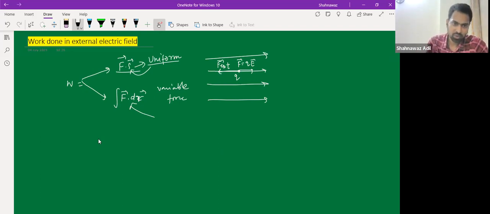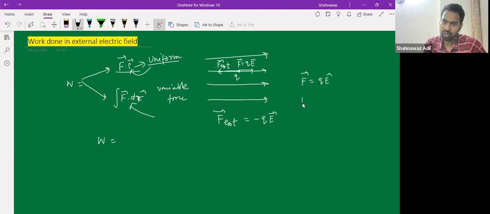So W would be how much? Let's say we have a uniform electric field, so F external would be how much? This would be minus of QE, because F is QE. So F external is minus of the electric force, so this would be minus QE.